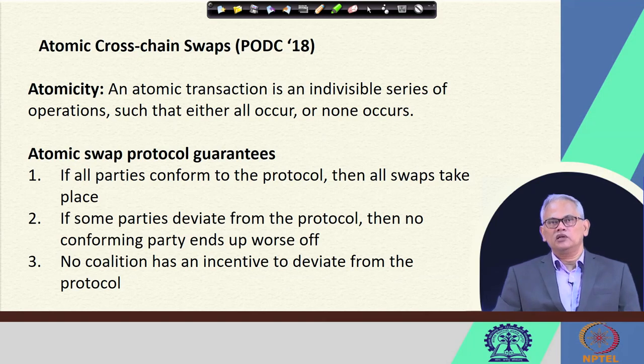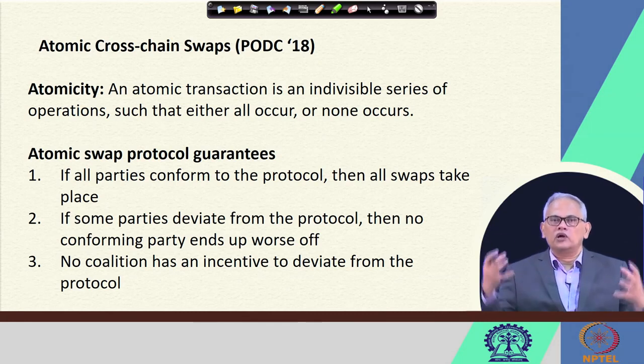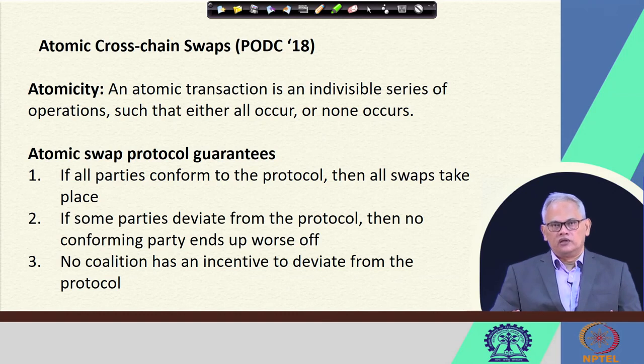So, what do they mean? It means that as long as we have this protocol in place and all the parties participating in this atomic cross chain swap are conforming to the protocol, then the swaps will take place. It is guaranteed.